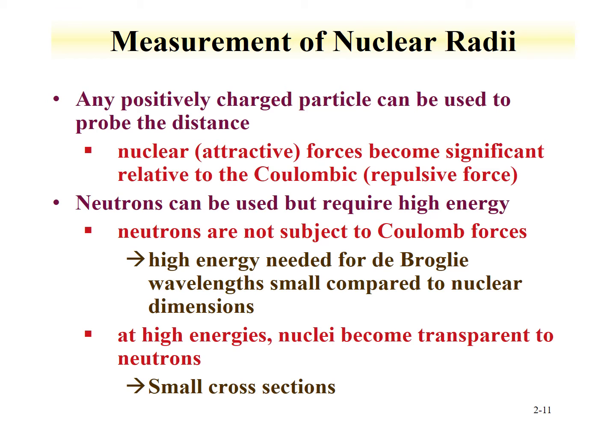So the cross-section, which we'll describe later, which we talked about in terms of the chart of the nuclides, the probability of a reaction of a neutron with the nucleus to obtain this measurement is small. So really, measuring nuclei is best done with positively charged particles.